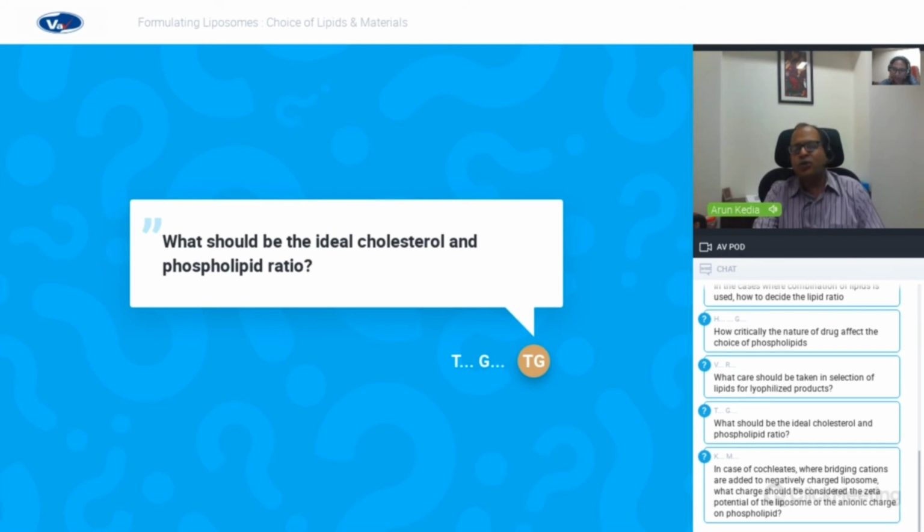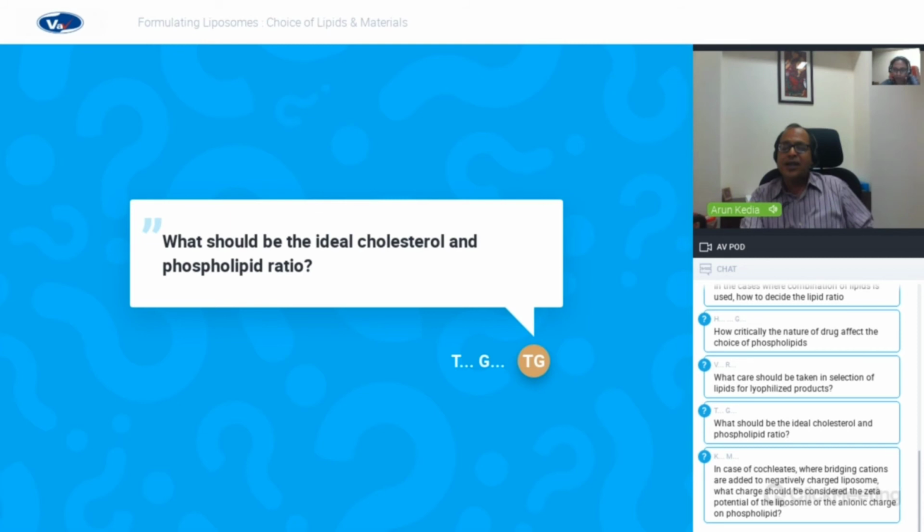The most common wide range of ratio could be between 10 to 30%, but I know that's not answering anything. So as I said in the previous question, if you have no clue, then you could start between 10 and 20% and then keep on optimizing in either direction, based on your desired release profile.